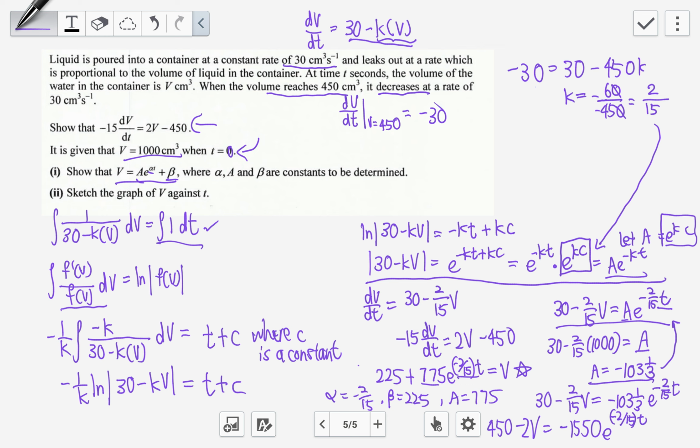Wait a minute if you want to see the graph. 225 plus 775 exponential minus 2x divided by 15, and graph it.